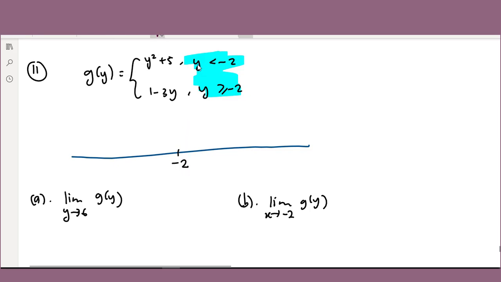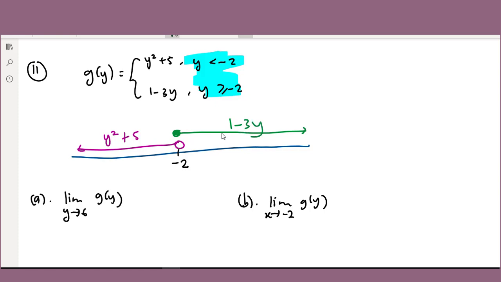If you check here, for y less than negative 2, to the left, the function is y squared plus 5. When y is greater than or equal to negative 2, to the right, the function is 1 minus 3y.